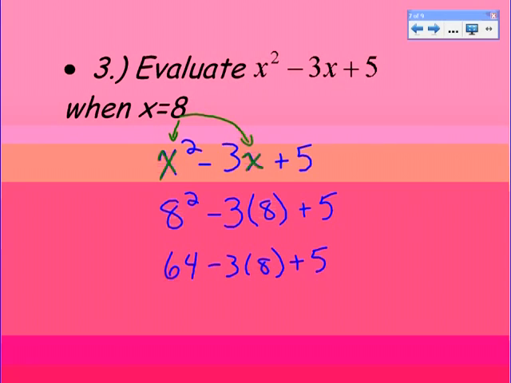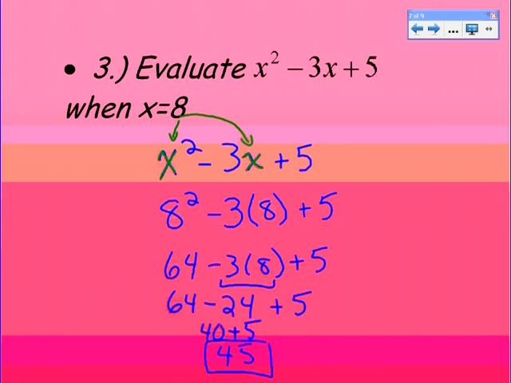So we have a 3 times 8. So let me rewrite my 64 minus 3 times 8 is 24 plus 5. 64 minus 24, nice neat number. You get 40 plus 5. Last step, 45. The value of this expression after evaluating it is 45.